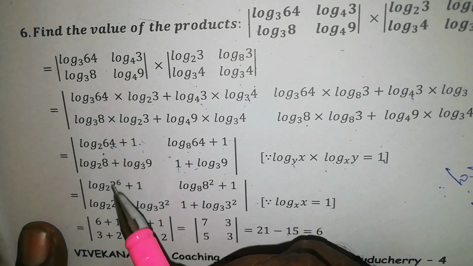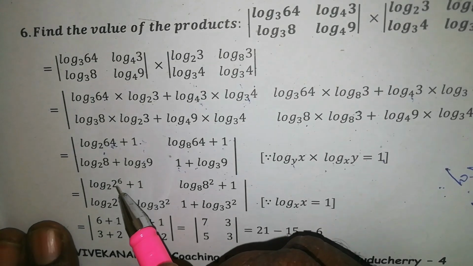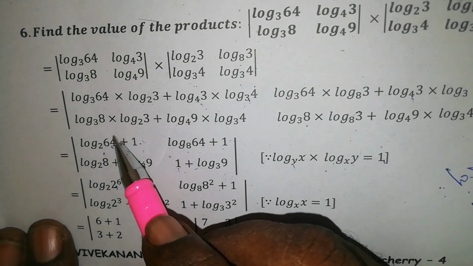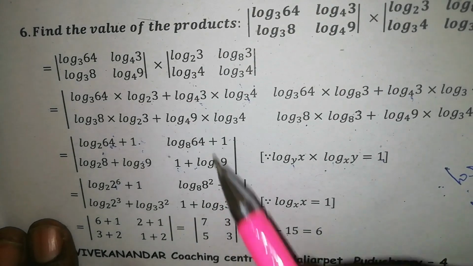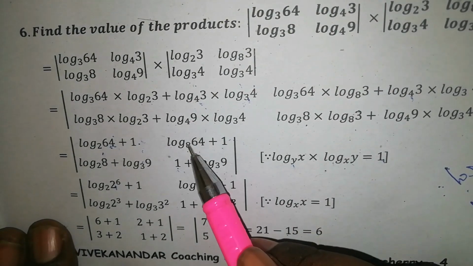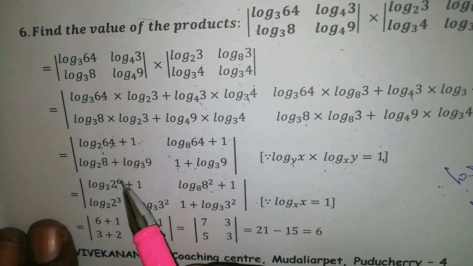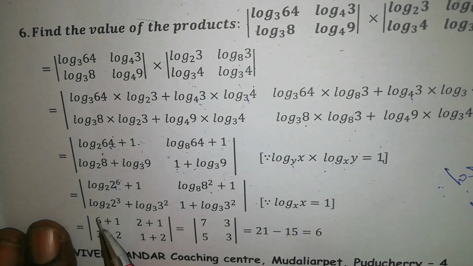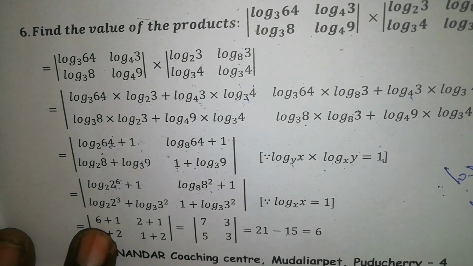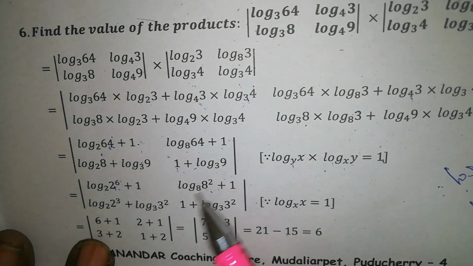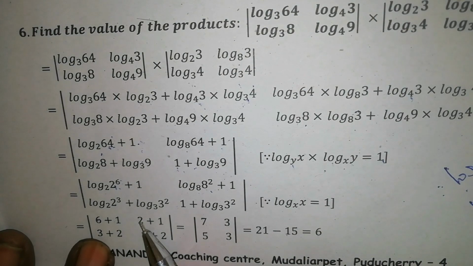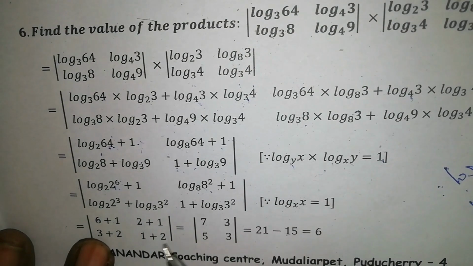What is the reason? 2 into 2 into 2, multiplying 2 six times, so we can split 64. Here also 8, if the base is 8 you can change 8 like that. Base 2, so in front as a power, it will come 6. Log 2 means 1, so that's 6. Here 2 means 2, log 8 means 1.